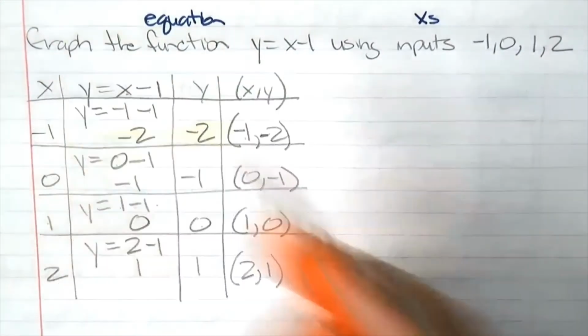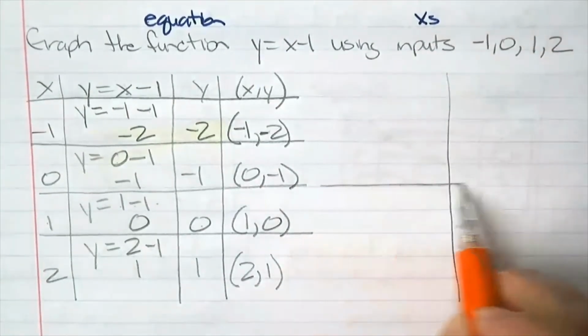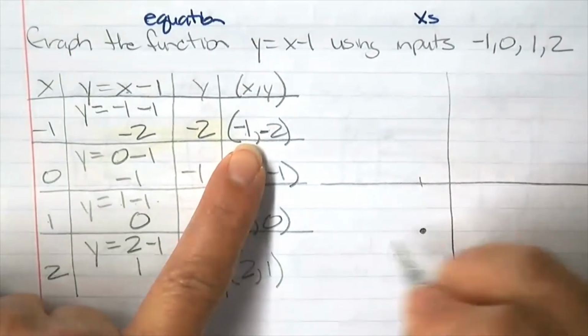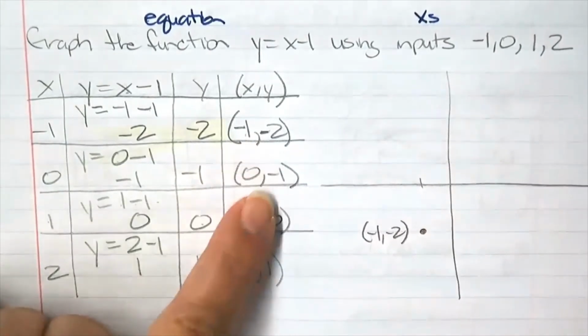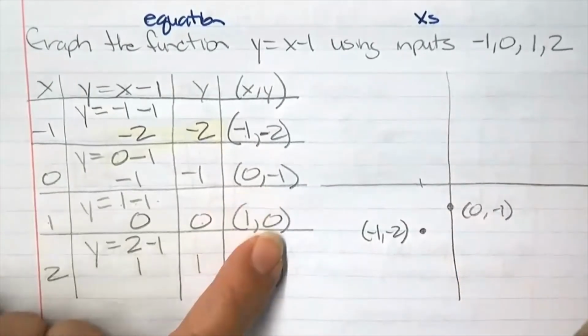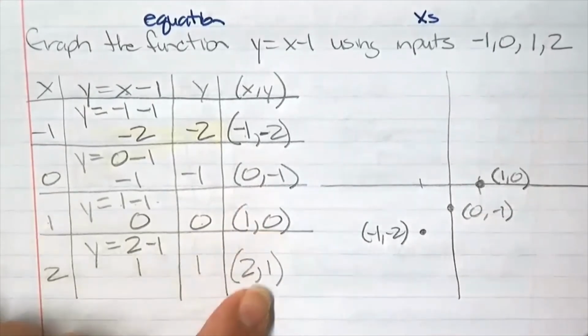So now I need to graph it. -1, -2. 0, -1. 1, 0.